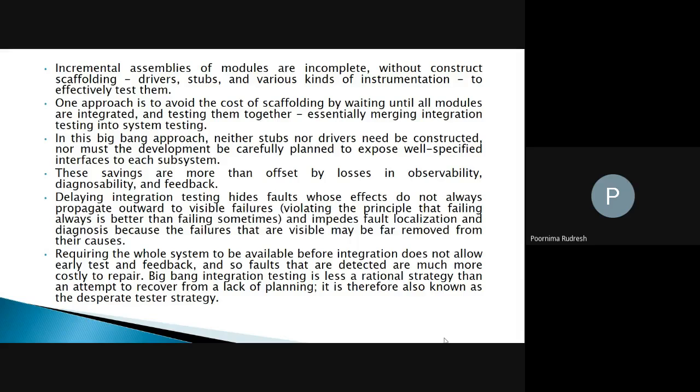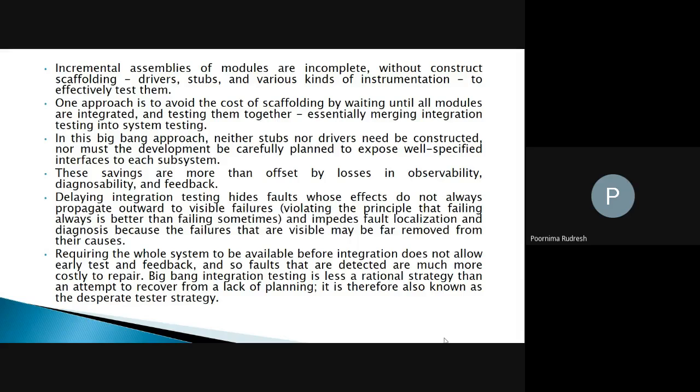In the Big Bang approach, neither the stubs nor the drivers need to be constructed or developed, because we are not dealing with either stubs or drivers. We are mainly dealing with the operation of all the modules integrated together, and we would like to know whether, once all the modules are integrated, they are all operating in a correct manner or not. Only that we are dealing with.